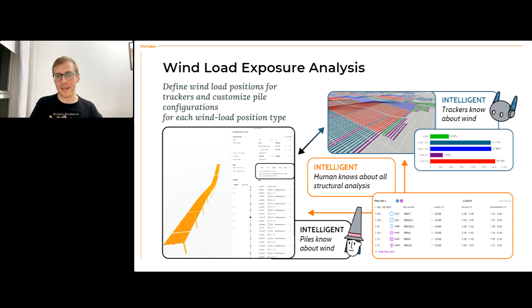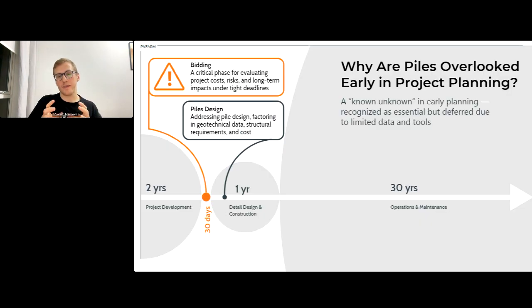And I just want to refer back to the slide where we talked about the 30 days window. The point of such simplifications is to get a little bit more useful information a little earlier in the process, right? So we are not trying to solve pile design here completely, but we're trying to get a bit more data, which will help us to manage risks better and to make better decisions, right?